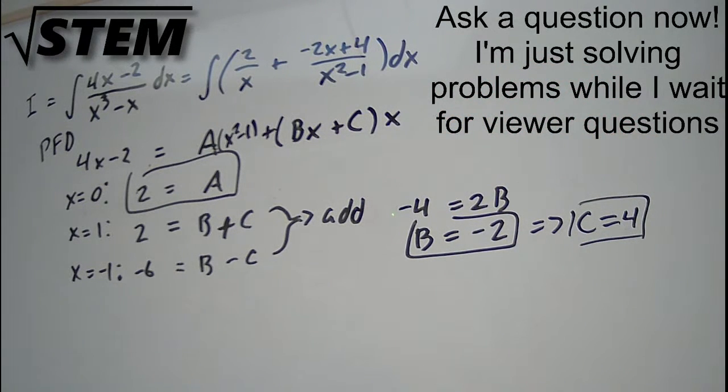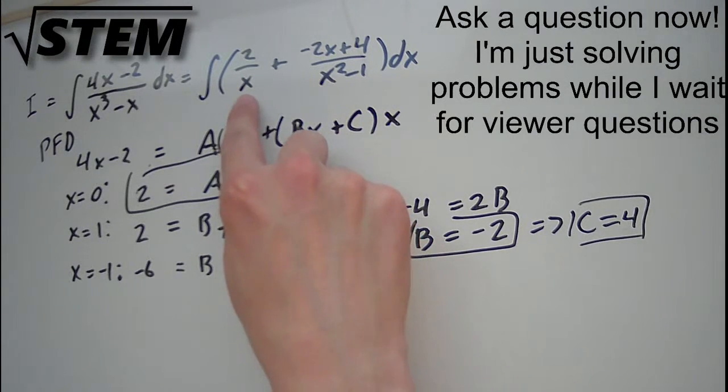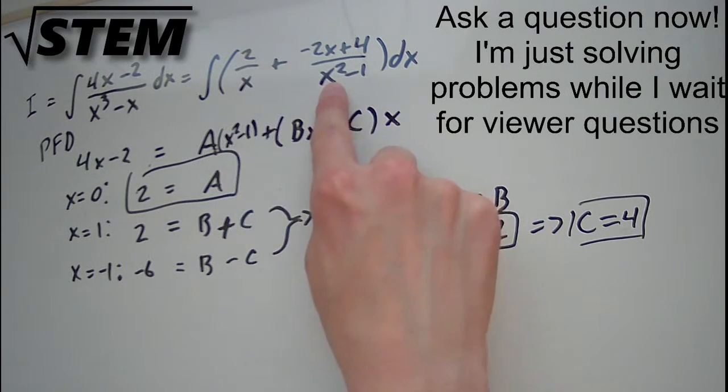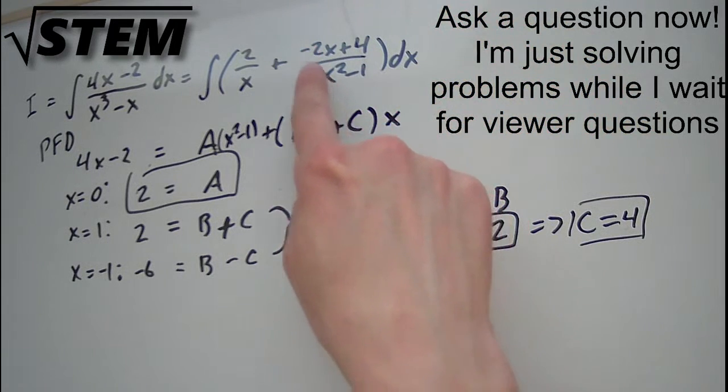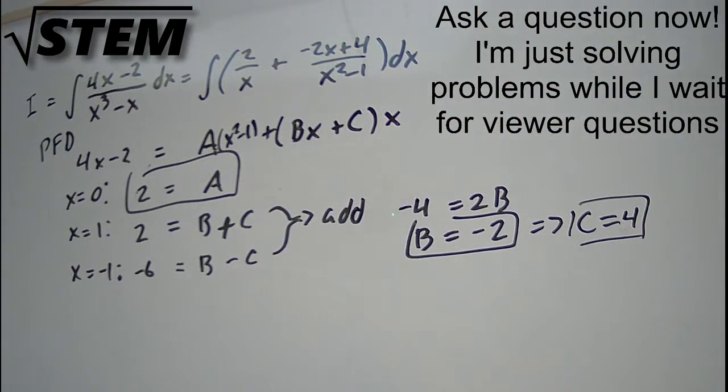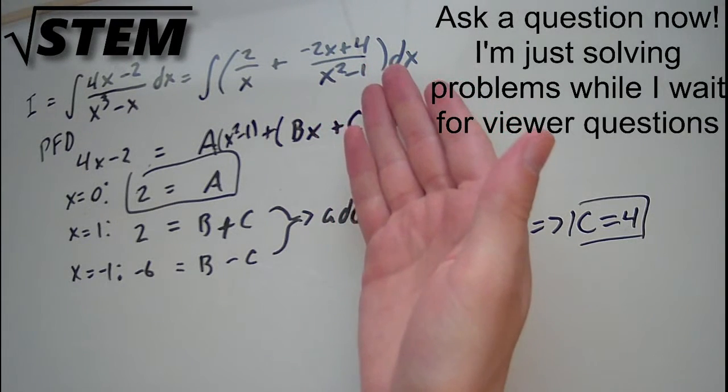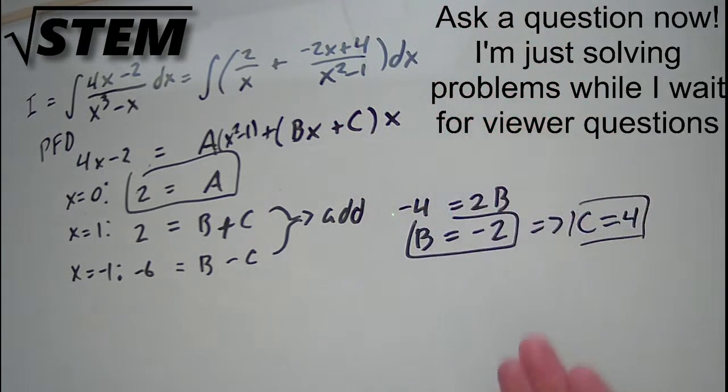And look at that, we are not in any better shape, because yeah, if we can integrate that part. We could split this up at the addition, and we could probably handle negative 2x over x squared minus 1. But then we would come back to integrating 1 over x squared minus 1. So, yeah. We tried. Didn't get there this time.